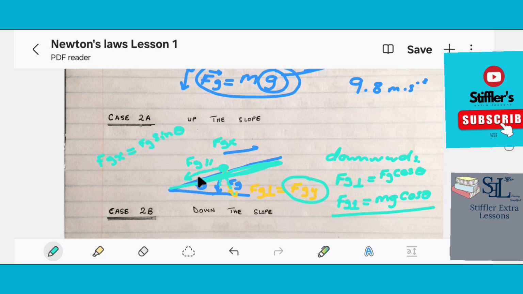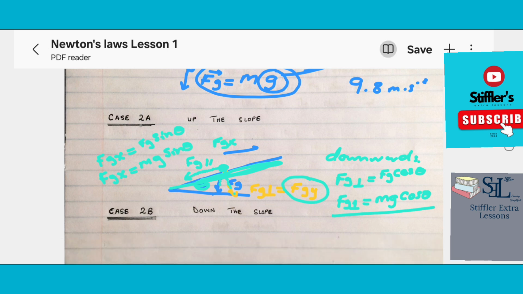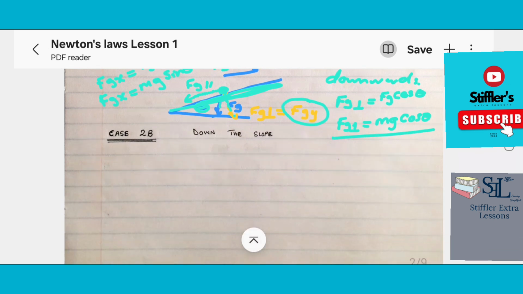Theta represents the angle between the flat surface and the ramp, or the surface on which the object is moving. So Fg at x is equivalent to mass times gravitational acceleration times sine of theta, just like that. So already you know two formulas in Newton's laws.